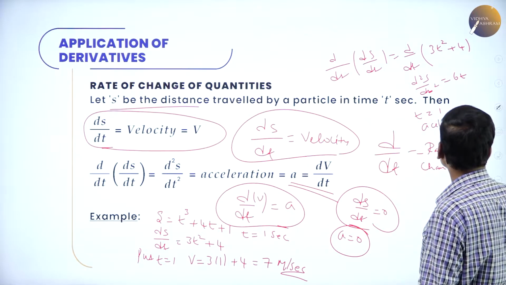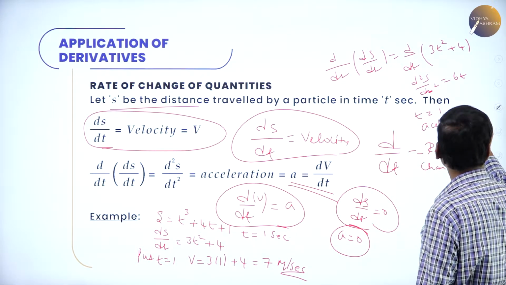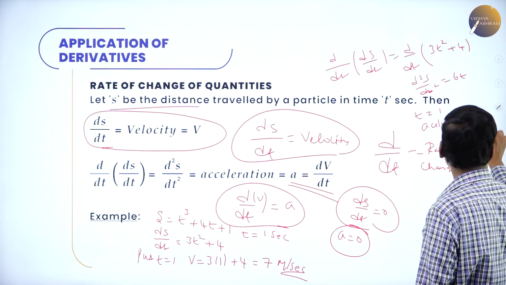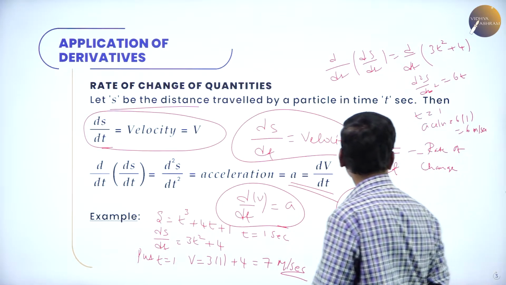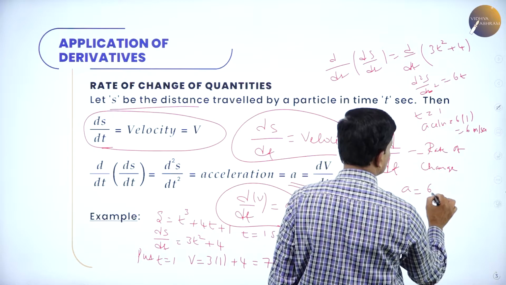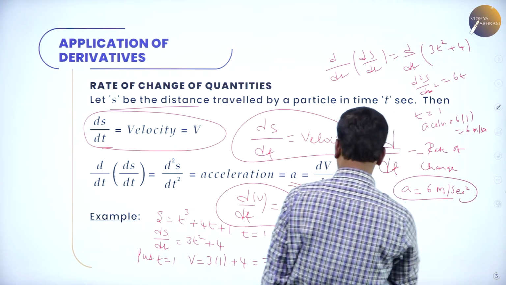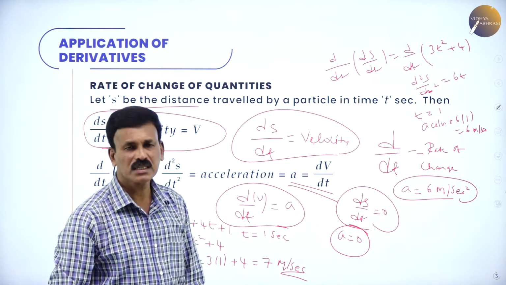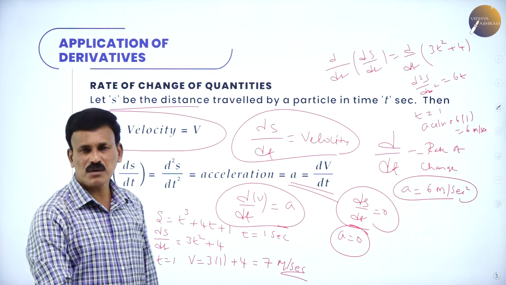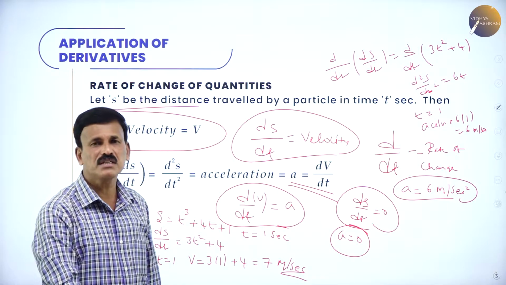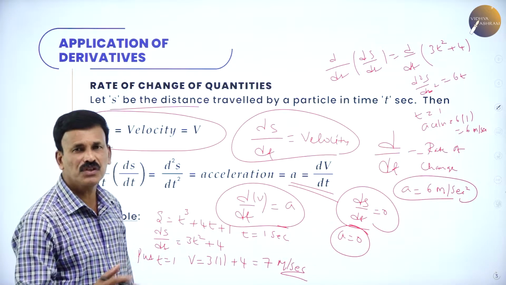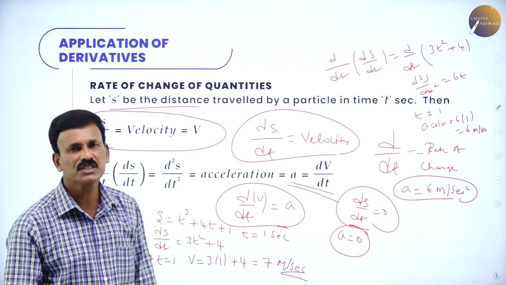The acceleration is equal to 6 into 1, that's equal to 6 meters per second square. Therefore, acceleration is equal to 6 meters per second square, and the velocity is equal to 7 meters per second. So this is the method we use to find the velocity and the acceleration of a particle.